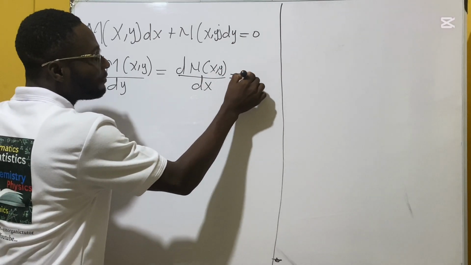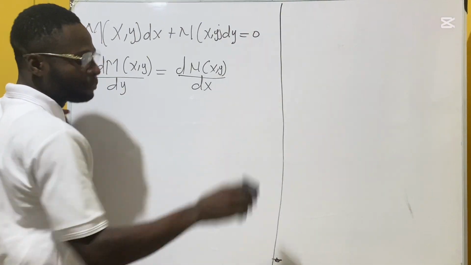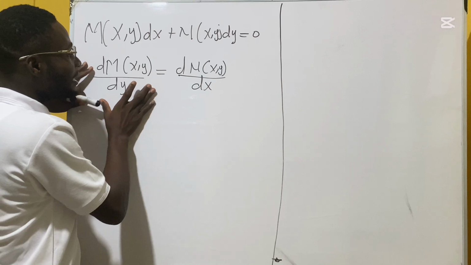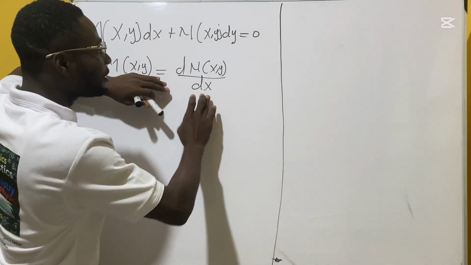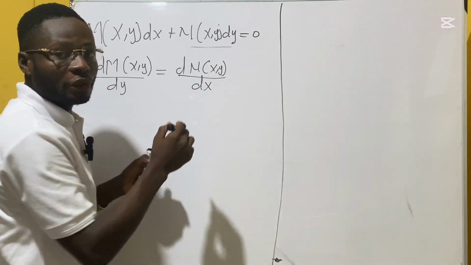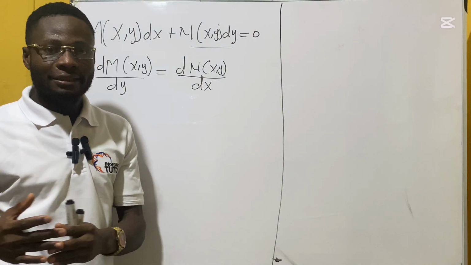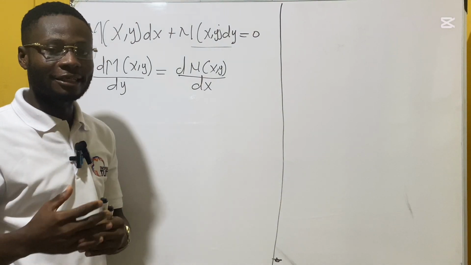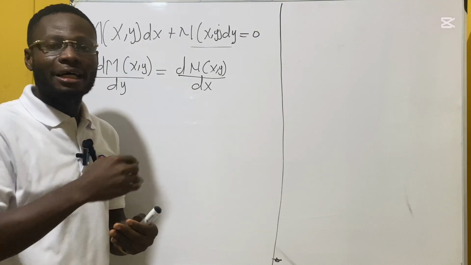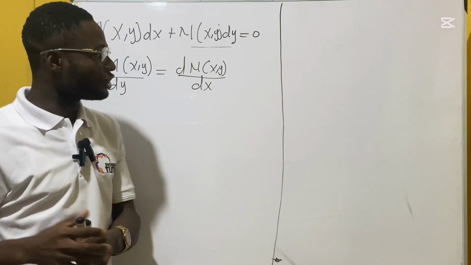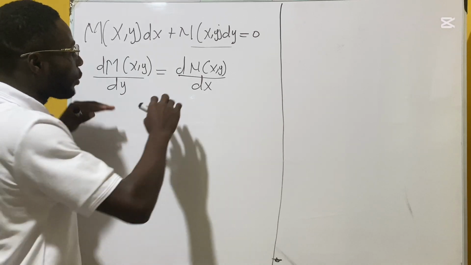Basically, they should be equal. So if the derivative of the first part with respect to y is equal to the derivative of the second part with respect to x, then you can say that that particular equation satisfies the requirements of being an exact differential equation.